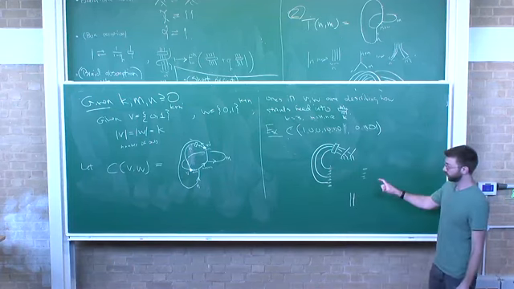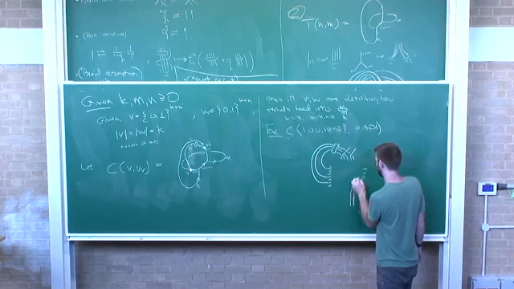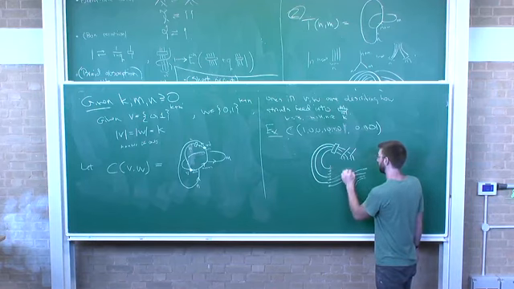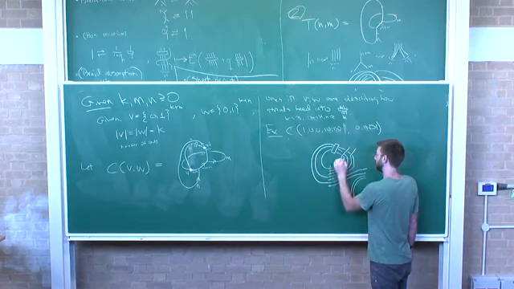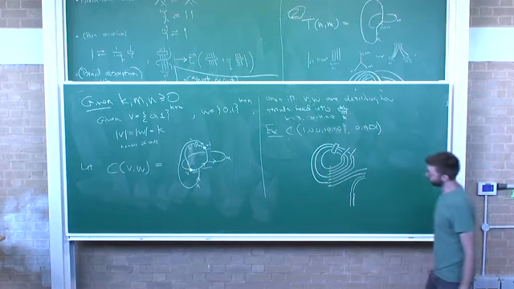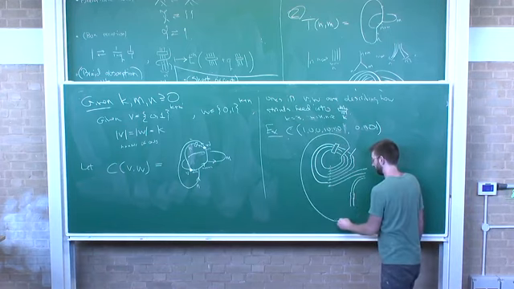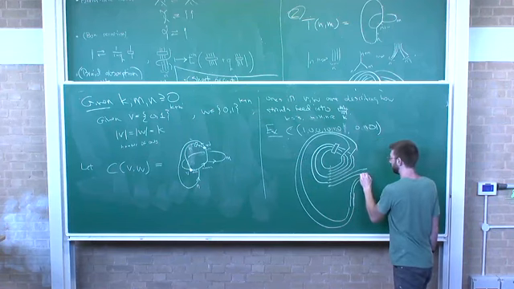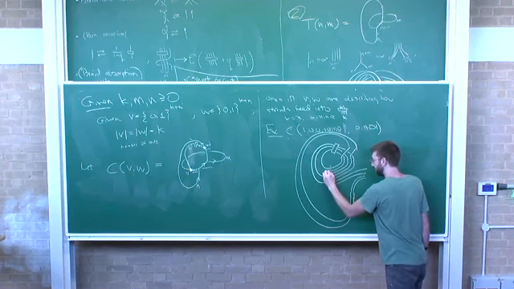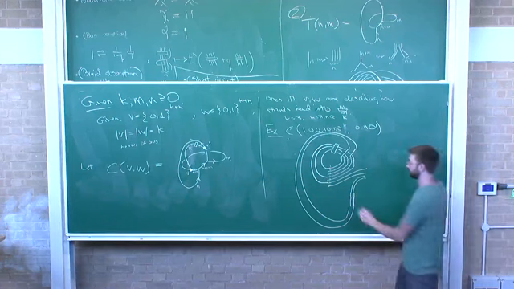And then everything else does what it should for a torus knot. You just connect up the strands in a planar fashion. These ones connect to those, and then these guys connect to these via the back of the cylinder.